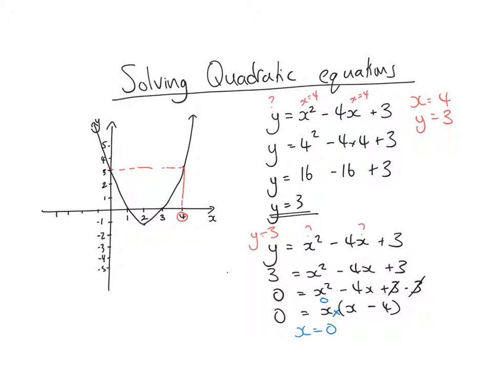And to make this factor 0, we would have the value of x equals 4. So when x equals 4, the second factor will be 0, resulting in the equation coming to 0. So on the graph here, we can see when y equals 3, we have two values that x can be. x might be 0 or x might be 4.